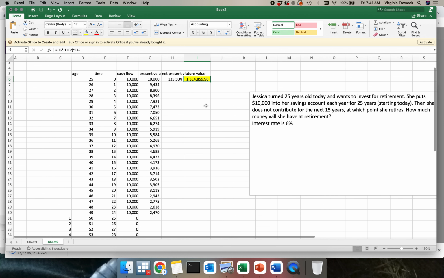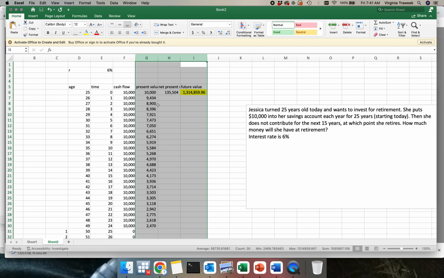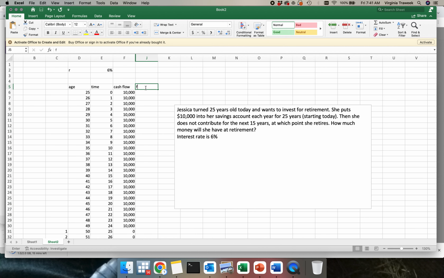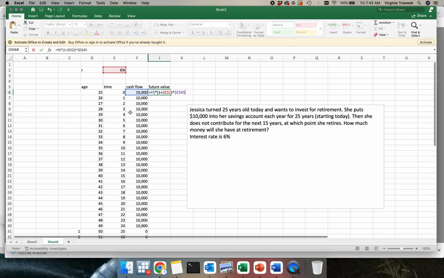Okay, now let's see if we can use the future value method where we push these cash flows forward and get the same answer. So I'm going to hide this for a second. Okay, so we are going to multiply it because we're going forward, and we are going to raise it to the power of 39 minus 0.